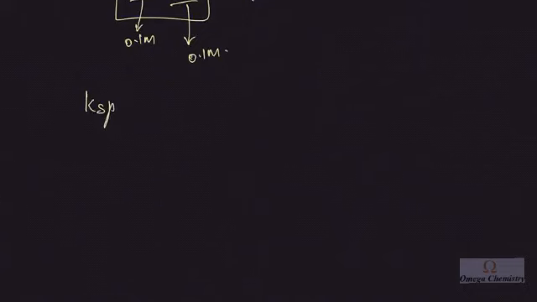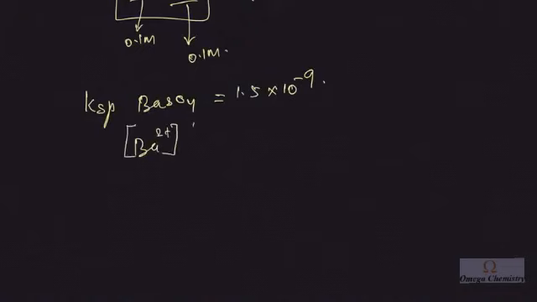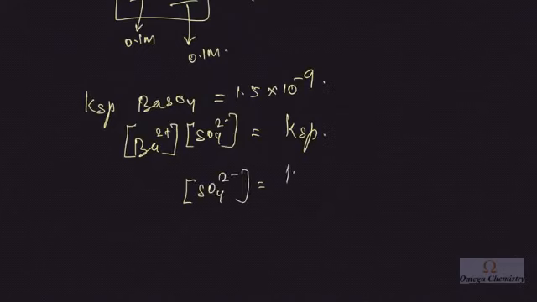You understand? Barium sulfate Ksp is given as 1.5 × 10^-9. But I know that barium ion concentration times sulfate ion concentration is nothing but Ksp, right? Which means the sulfate ion concentration required for this is Ksp divided by barium ion concentration.